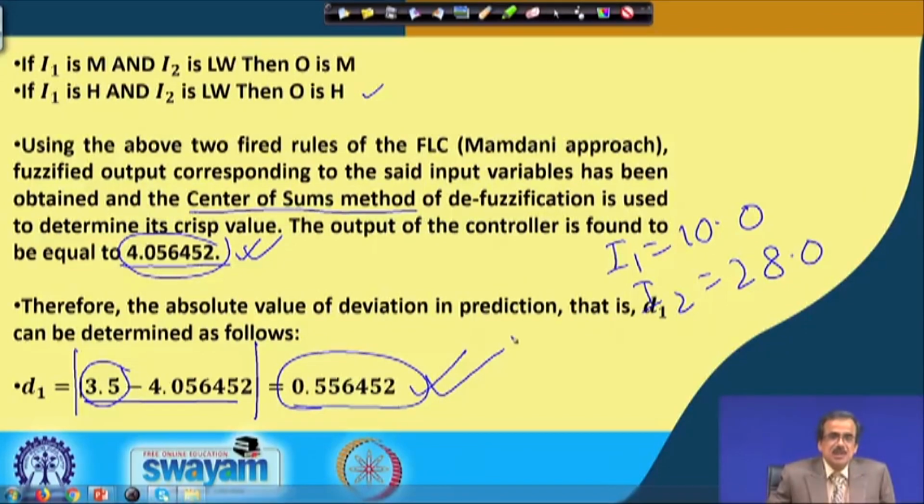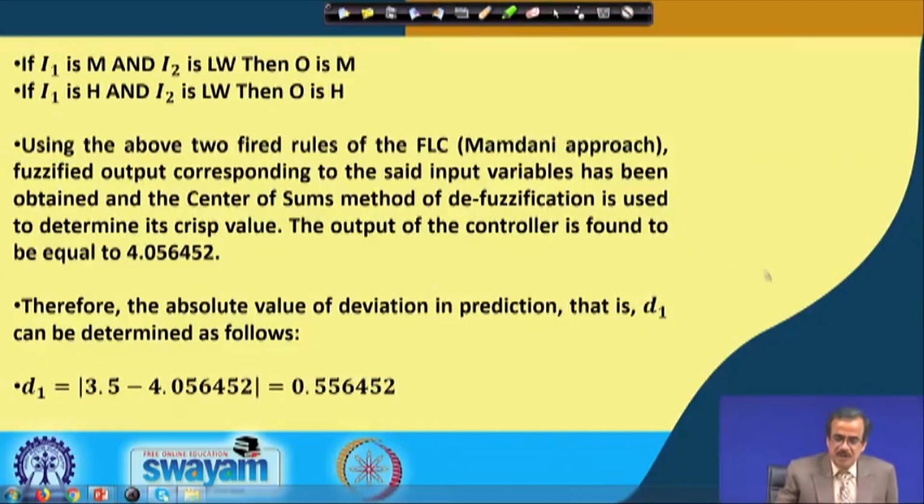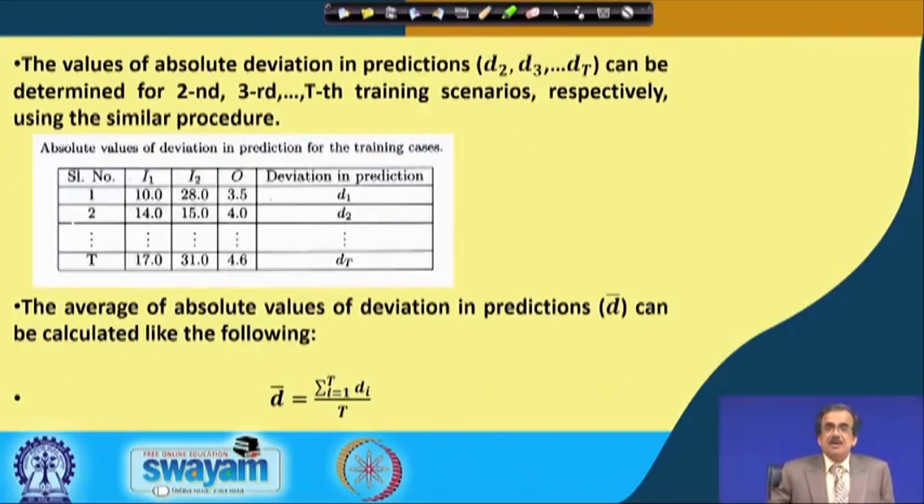Now, by following the same procedure, I pass the second training scenario, third training scenario, up to the tth training scenario. If I pass all the training scenarios, I will get different deviation values.